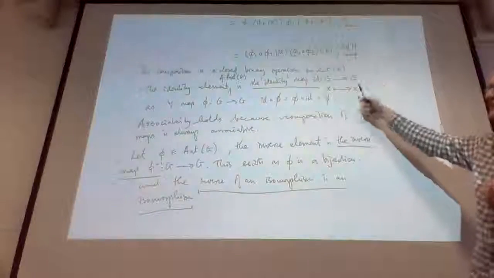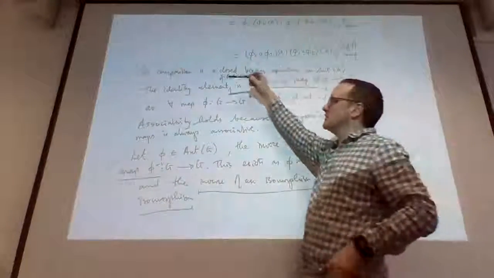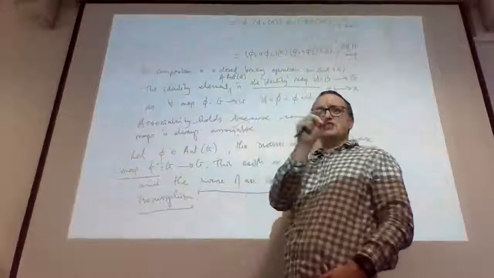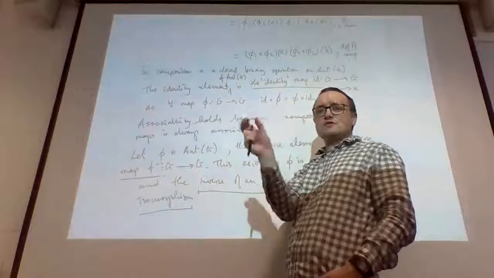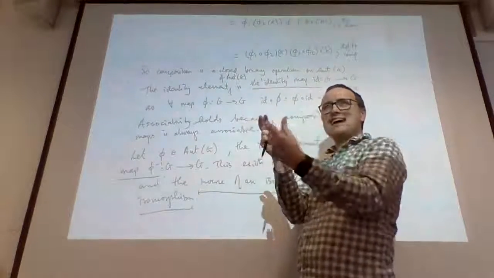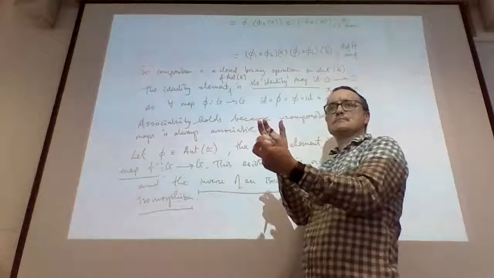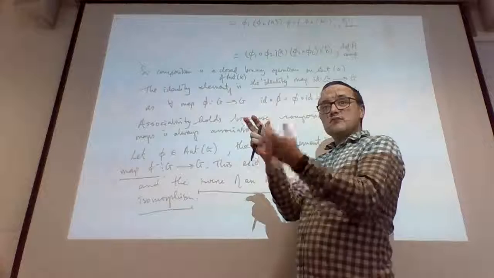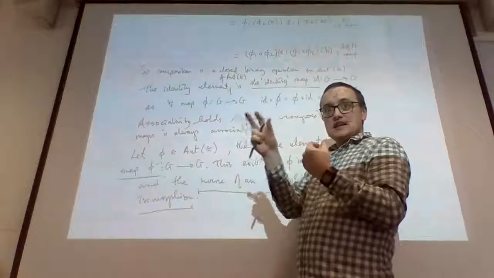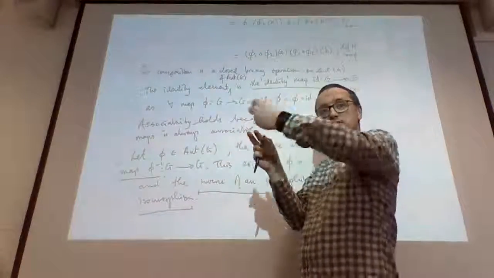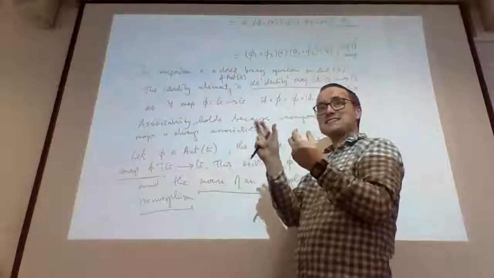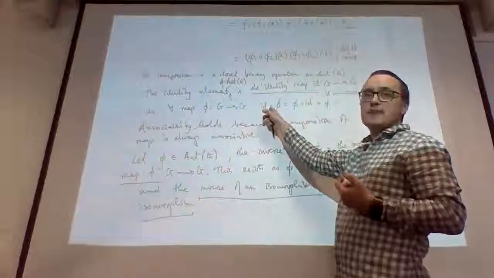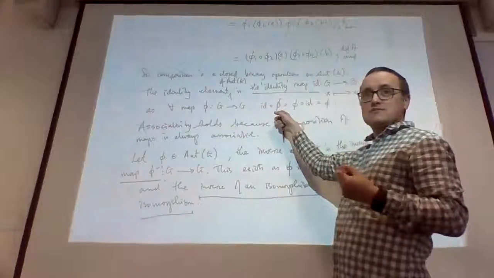In order to be a group, this set we're talking about, Aut G, this collection of automorphisms of G, has to have a group identity element. So there has to be a function from G to G, because that's what Aut G is, a set of functions from G to G. There has to be a particular function that acts like the identity element under the operation of composition with any other automorphism.